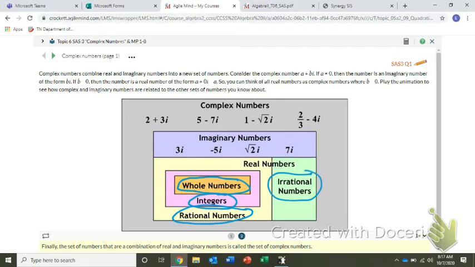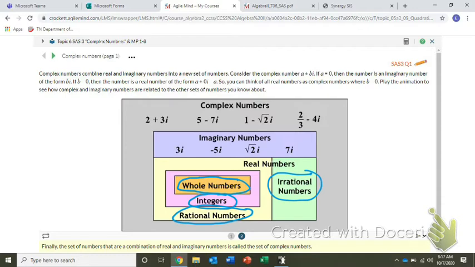Okay? So, see where it says number 4 in your box? What is number 4? Is number 4 a whole number, integer, rational number, irrational number? It's a whole number, okay? What about -5? What is it? It's an integer because it's negative, yeah.